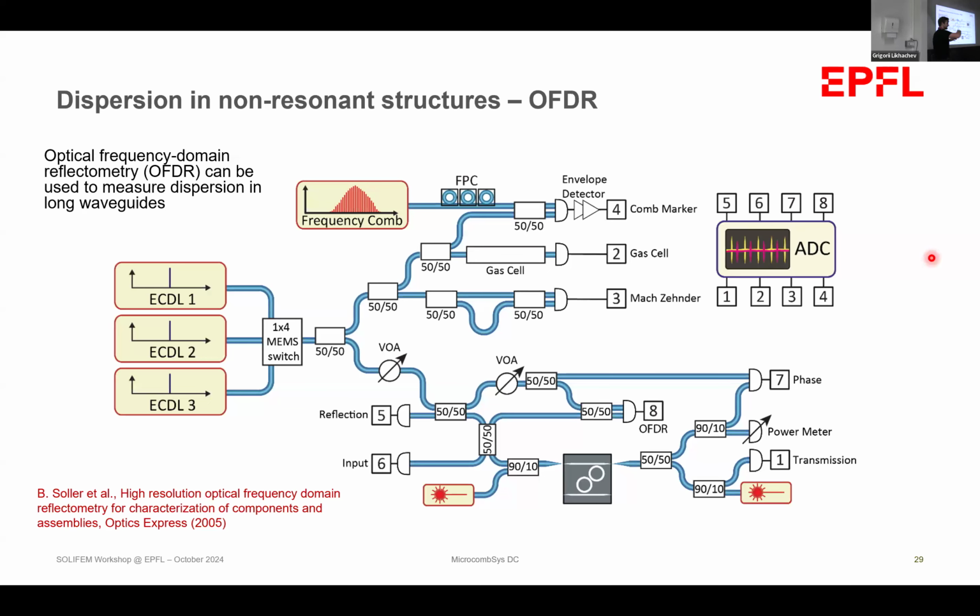We get these beat notes in the time domain, then we do a Fourier transform and get them in the frequency domain. Then we can get the trace that shows the amplitude of reflection with respect to time. If you multiply time by the group index, you get the distance.